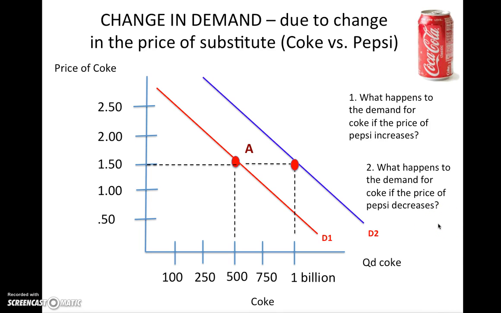So since this graph shows the demand curve for Coke, if Pepsi's price decreases, people will buy more Pepsi. So demand for Coke decreases, and the only way to show that is a shift to the left of the demand curve. So less quantity, from 500 to 250.